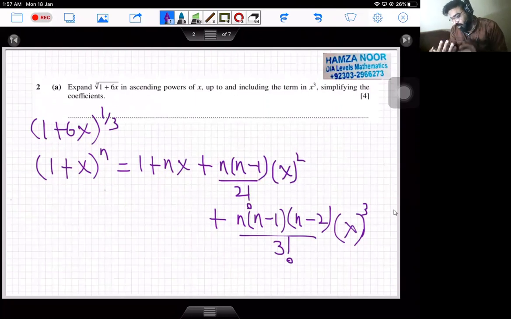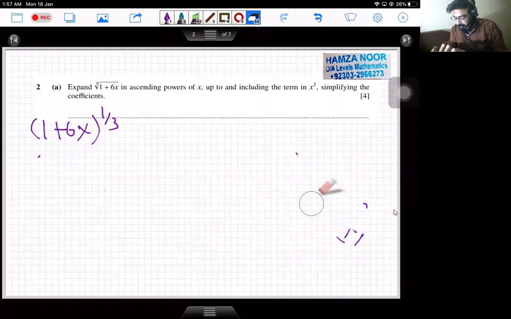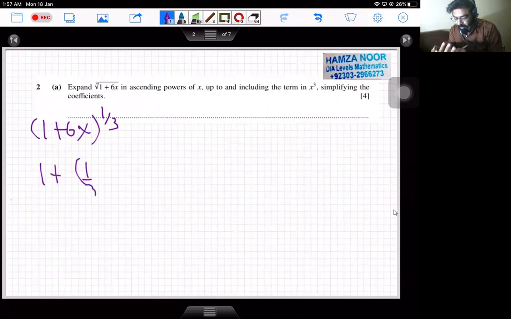So the expansion for (1 + 6x) raised to the power 1 over 3 will be 1 plus nx, so 1 plus 1 over 3 into 6x. The second term is 6x, provided that the first term is 1. If it is not 1, you have to make it 1 and then factorize the second term. But in this case, the first term is already 1, so the second term is 6x.